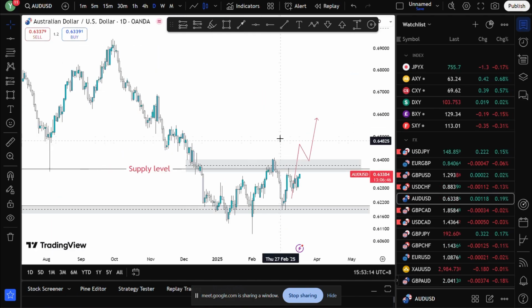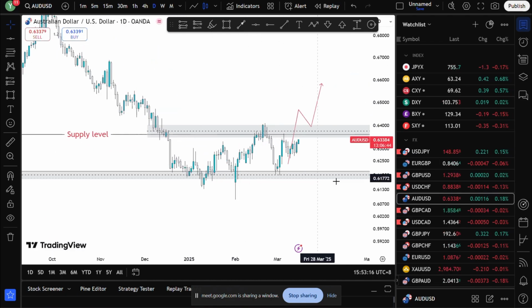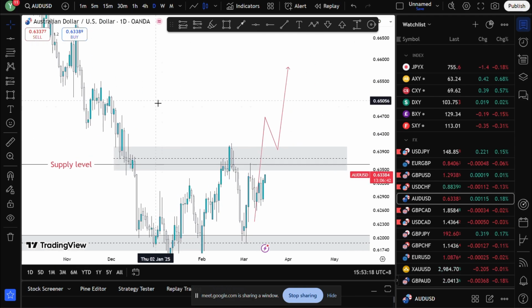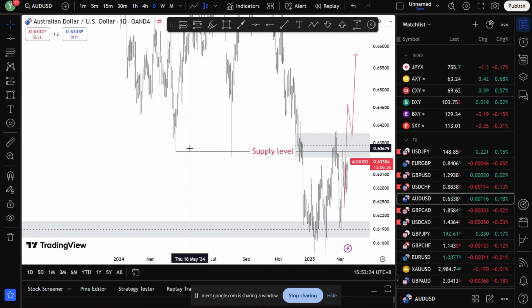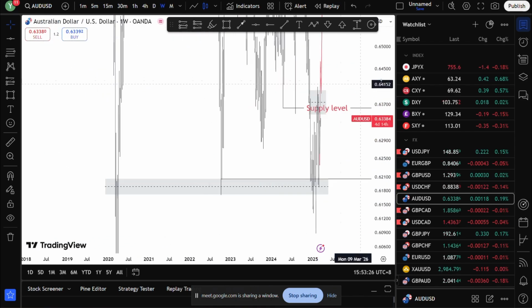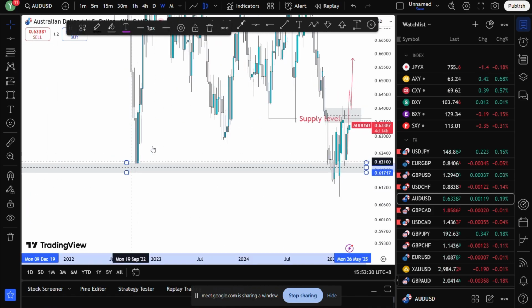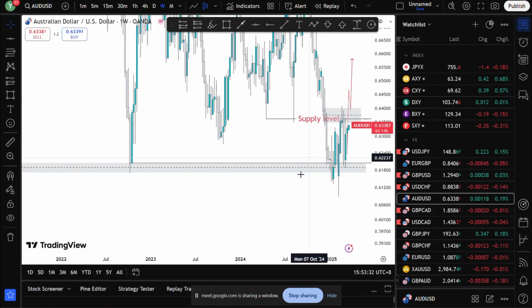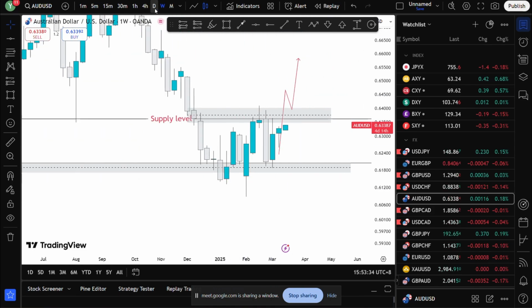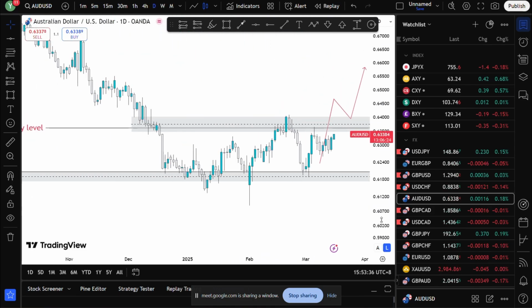And then for AUD USD, there might be a possible opportunity here. I am waiting for the price to break past this zone first, I mean this supply level. In the weekly time frame, you can see the price reacted to this support zone over here. It's a very strong support zone, and then it formed a double bottom.